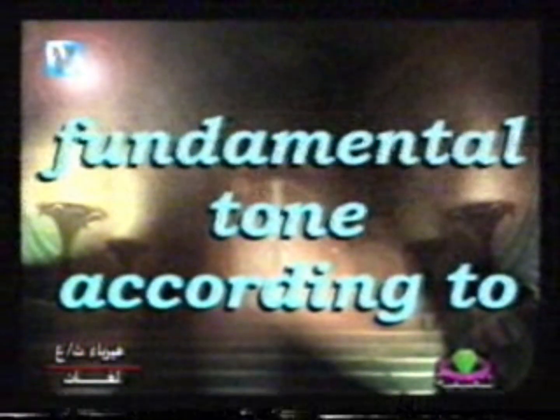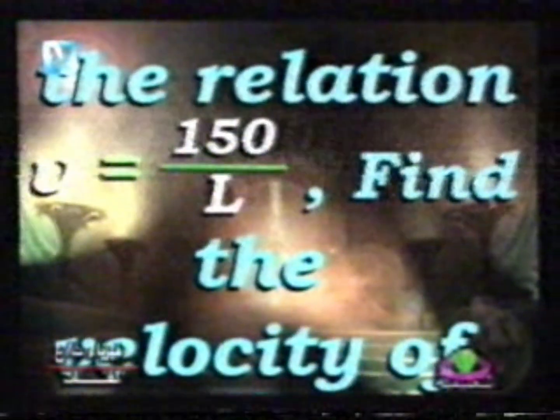Another one. A string vibrates emitting its fundamental tone according to the relation nu equals 150 over L. Find the velocity of the transverse wave in the string. The solution.